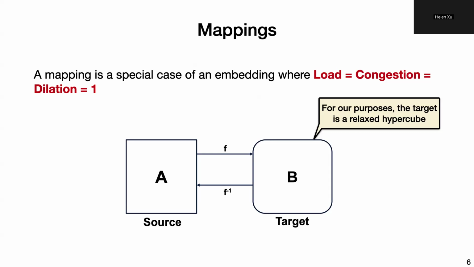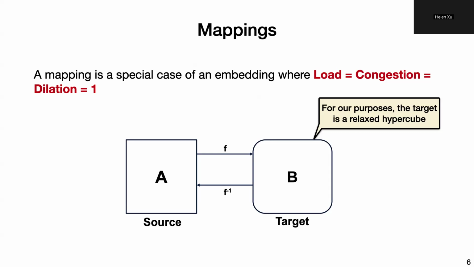But every node in the array or ring has at most degree 2. So it's clear that as d grows larger, the degree of the hypercube is larger than the degree of the array. But that's okay, because the source is the array, and we're trying to map it into the hypercube. So it's fine if there are fewer edges in the source.